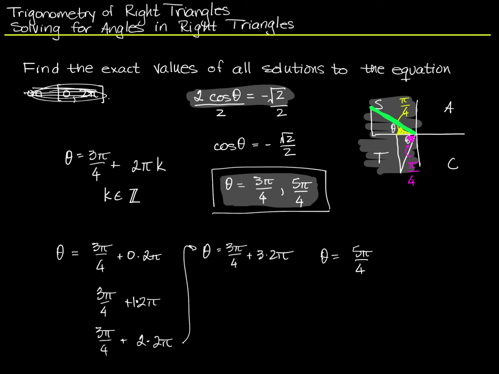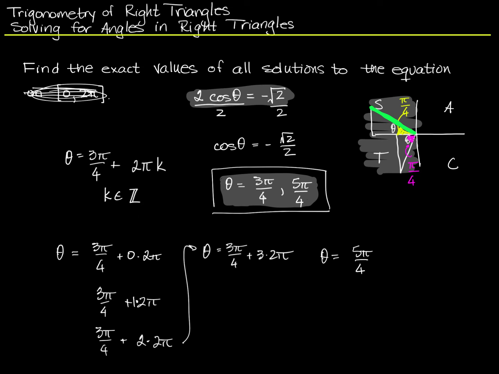Remember that integers are just whole numbers like 1, 2, 3, 0, and then the negative whole numbers, negative 1, negative 2, negative 17, positive 473. They're whole numbers, so they're integers. They're not decimals, they're not irrationals, they're not fractions, right?